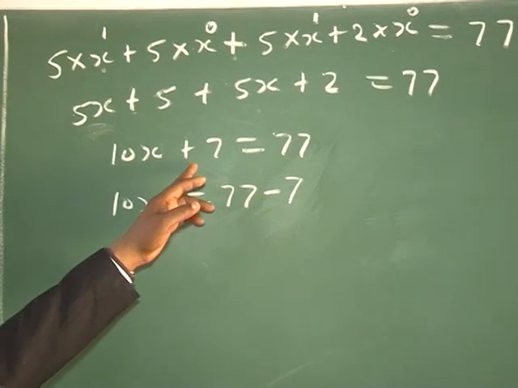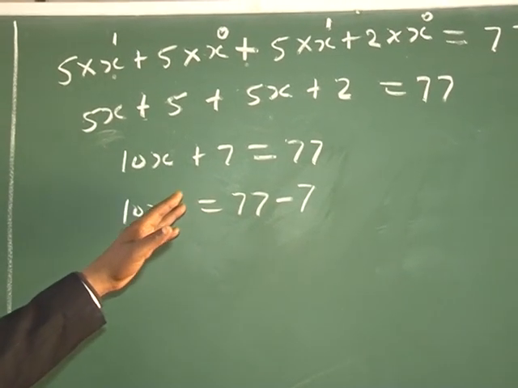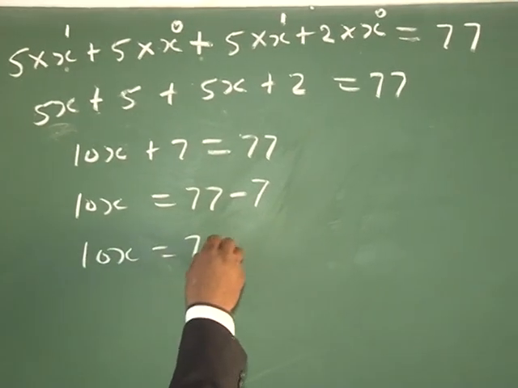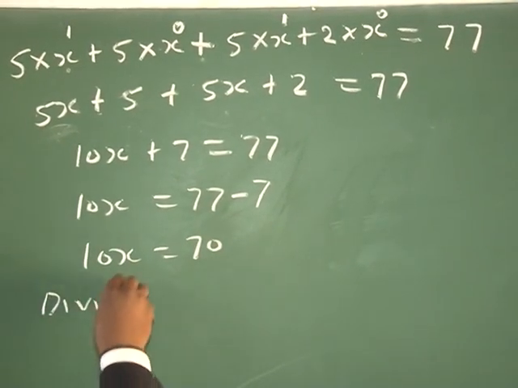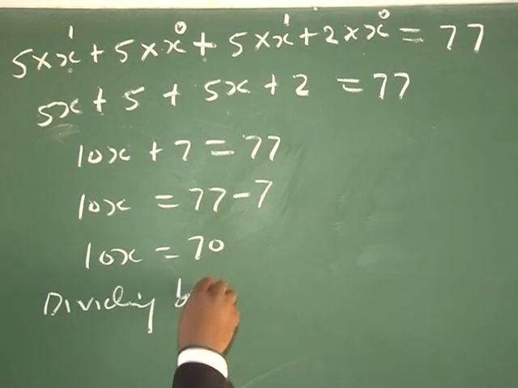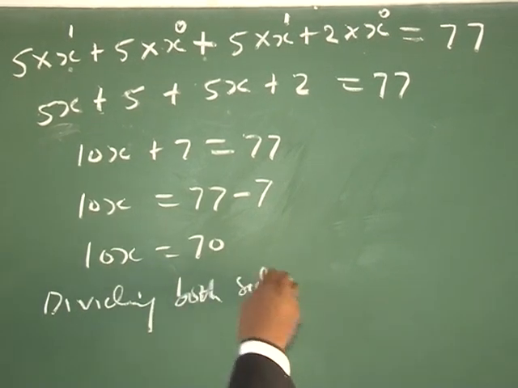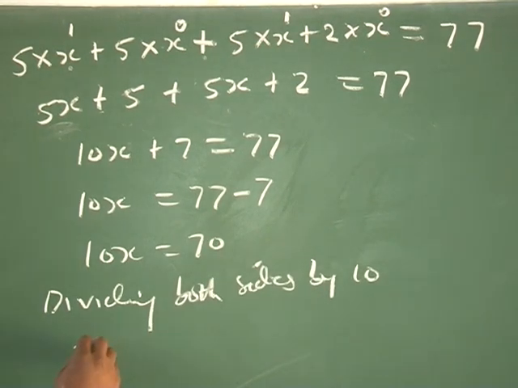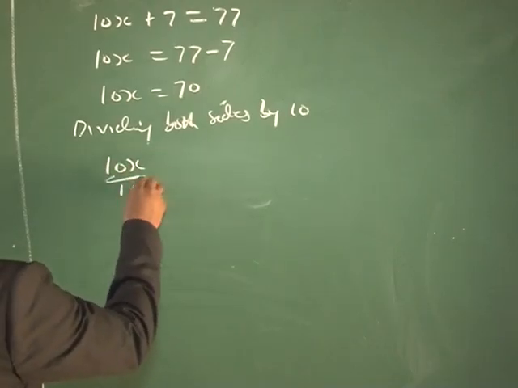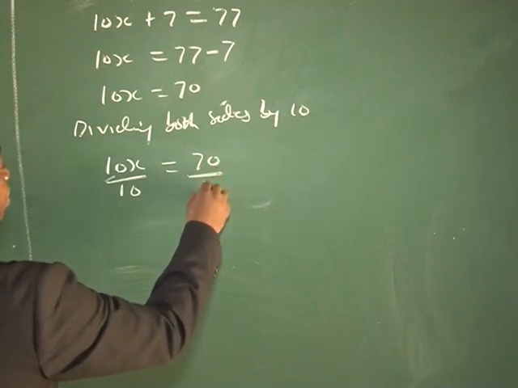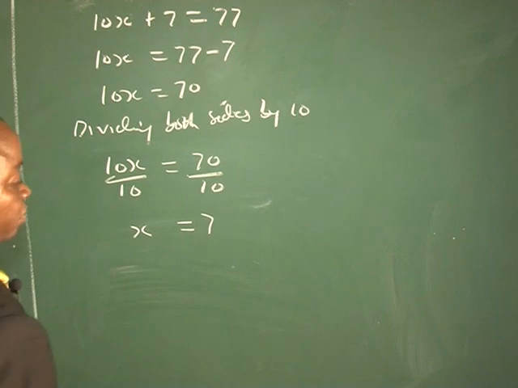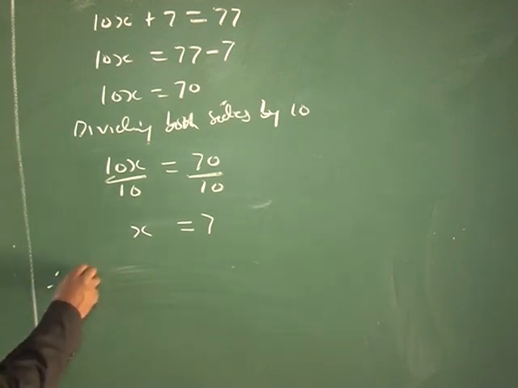That is, by subtracting 7 from both sides, 10x equals 70. So, dividing both sides by 10, we have 10x over 10 equals 70 over 10. So x equals 7.